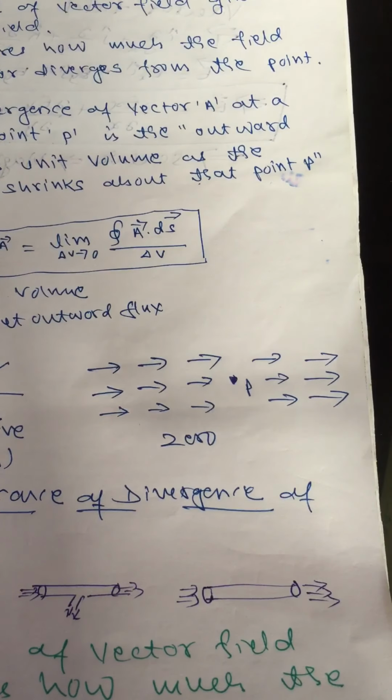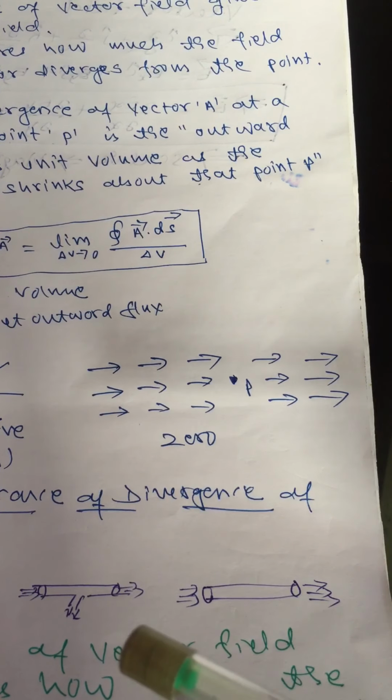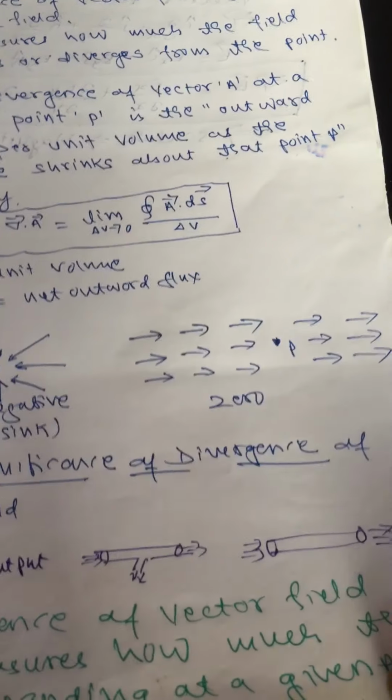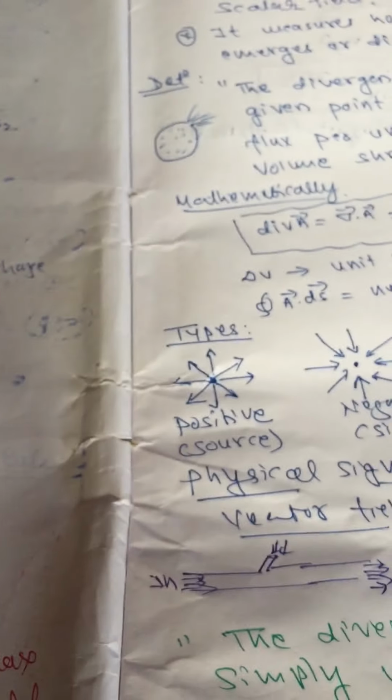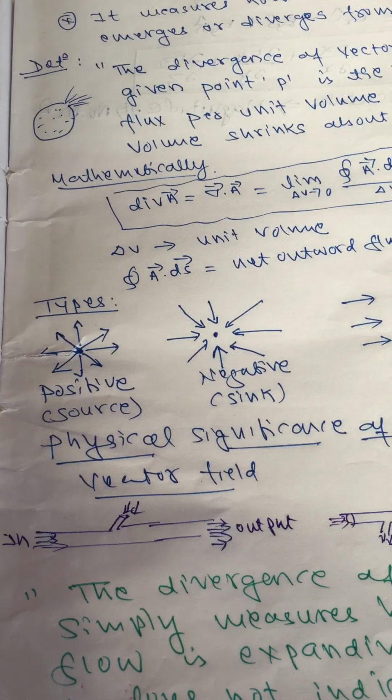In the third case, there is no leakage, no addition; the quantity of water that enters at one end leaves at the other end. Input is equal to output, and then you say zero divergence. Divergence tells us about the change in mass rate of flow of water.